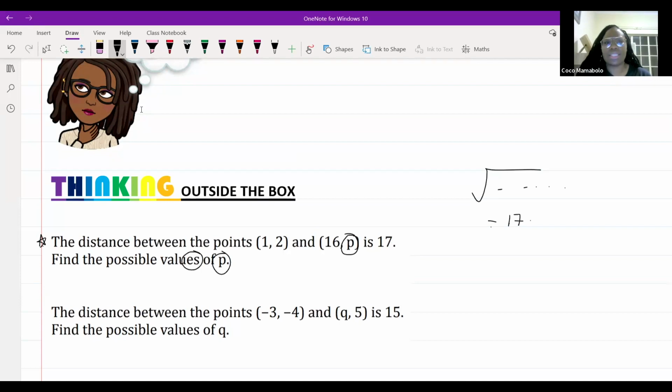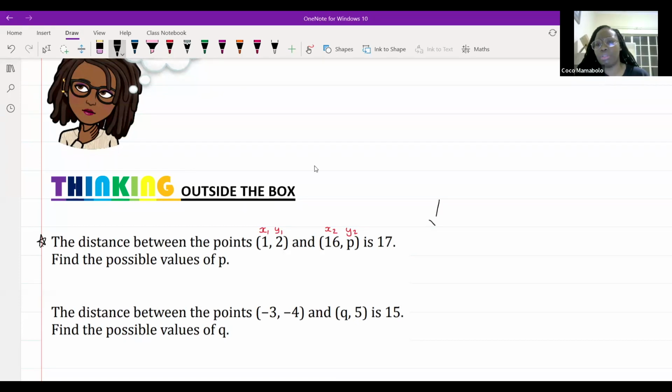Now, let's just reason this one out as we go, because we've been given the answer. As always, I'm going to label. I'm going to start by going, this is x1 and y1, and I'm going to call this x2 and y2. Then I'm just going to follow the steps that I normally would.